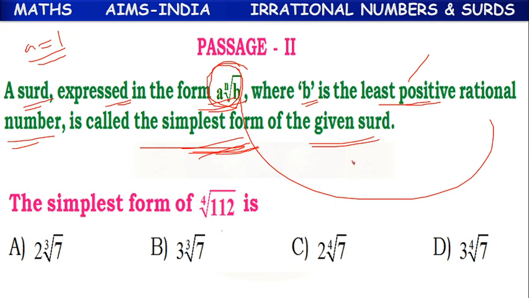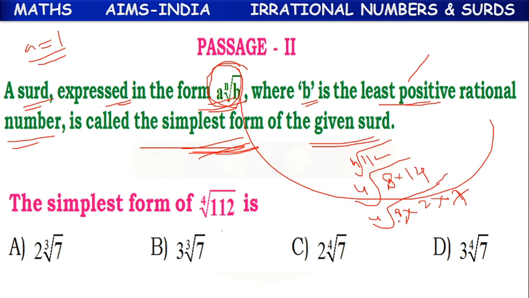So the fourth root of 112, we have to mention in the least number. So how can we write the fourth root of 112? The fourth root of 8 into 14 we can write. The fourth root of 8 into 2 into 7 we can write, where 8 stands for 2 cube.